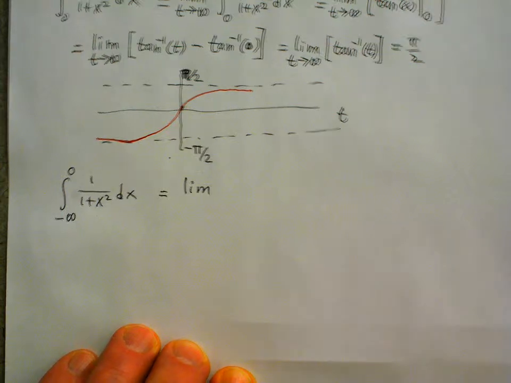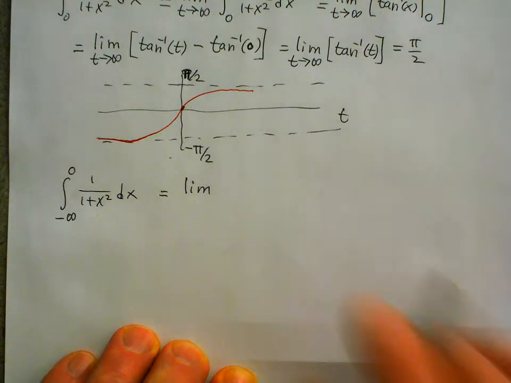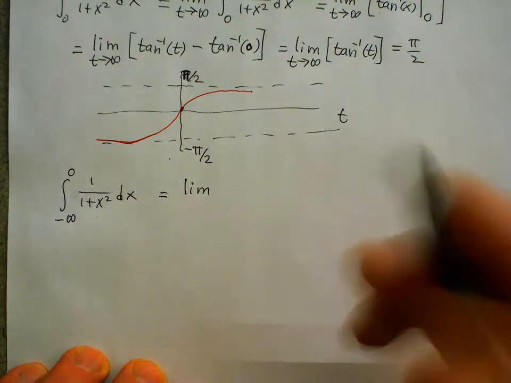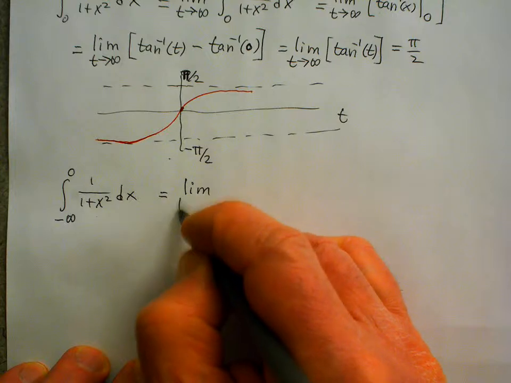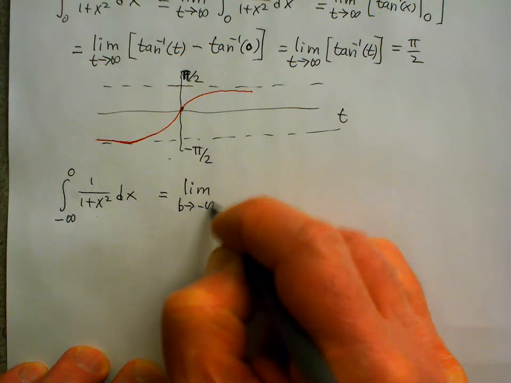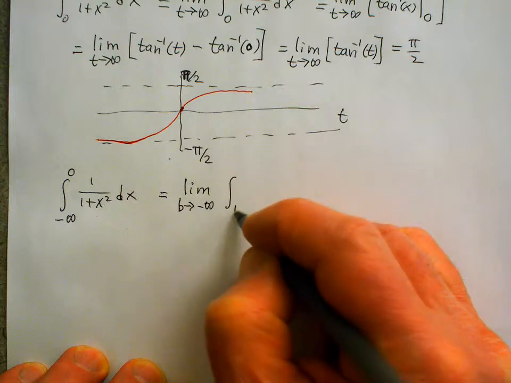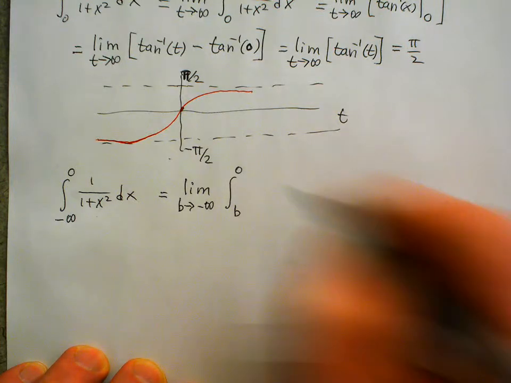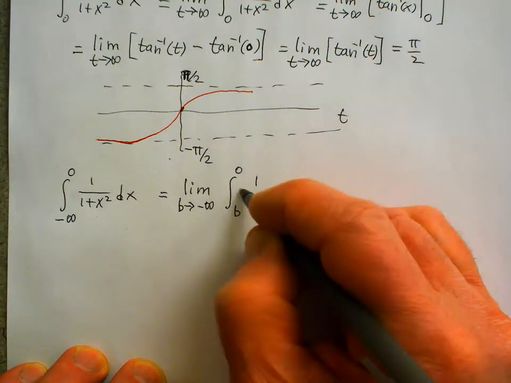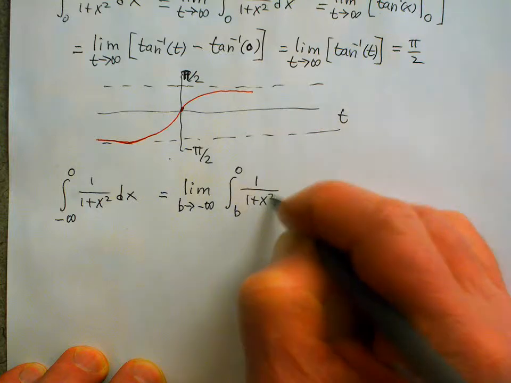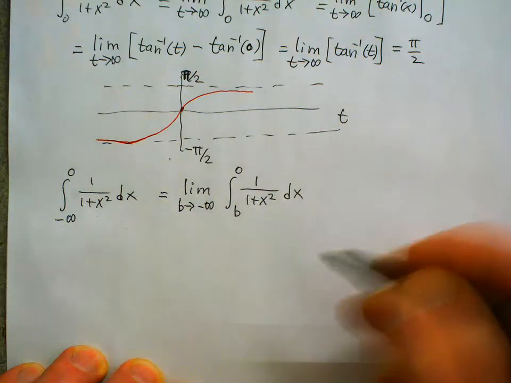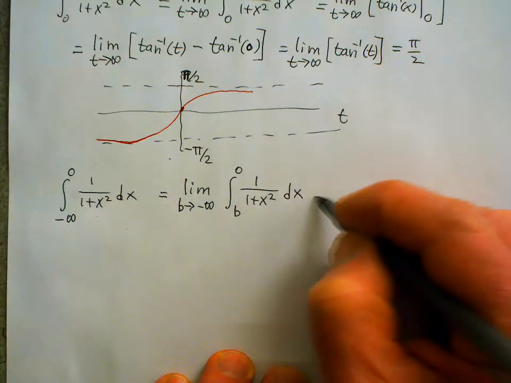How am I using t again? I'll use a different letter this time. B goes to negative infinity of the definite integral from b to 0 of 1 over 1 plus x squared dx.